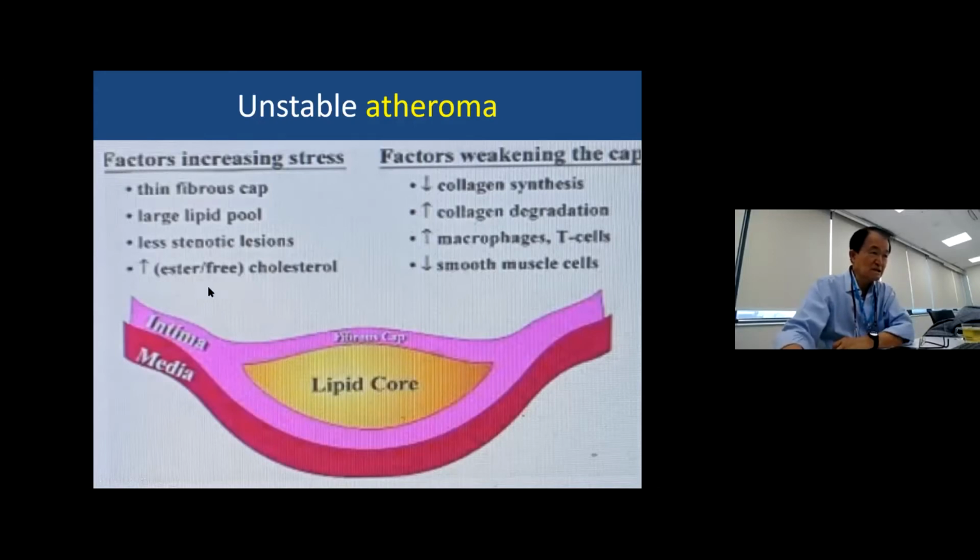And certainly, if we have more cholesterol, that will create a large lipid pool and rupture. So these are the important factors.